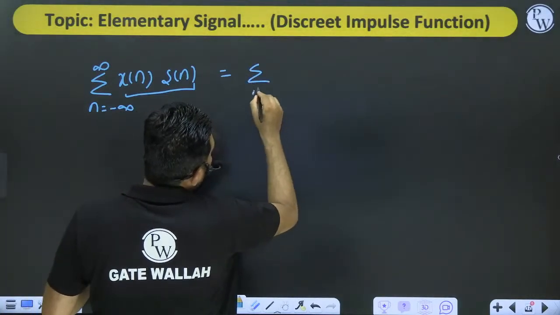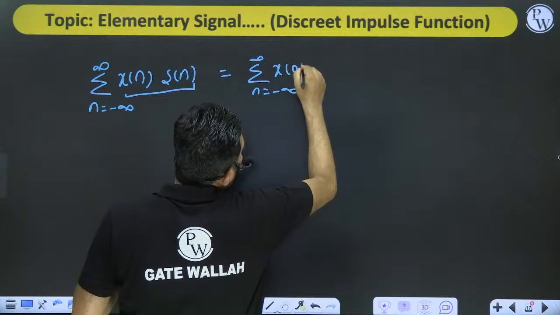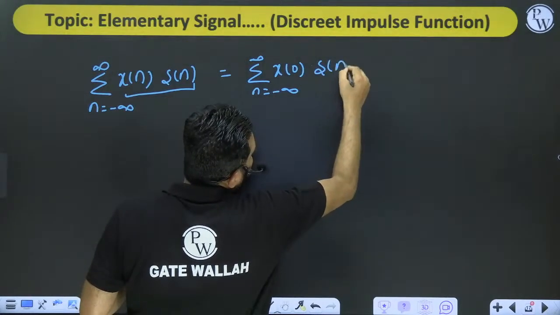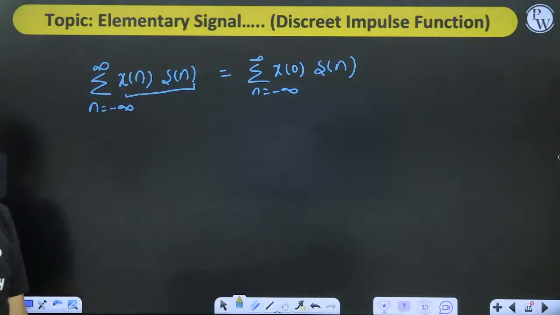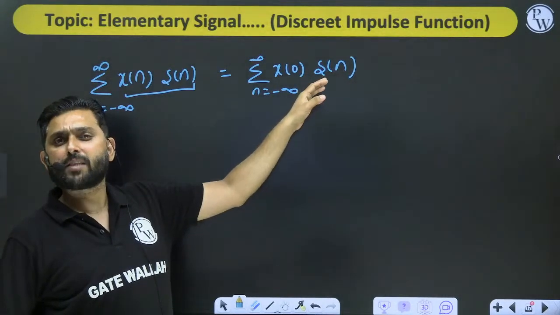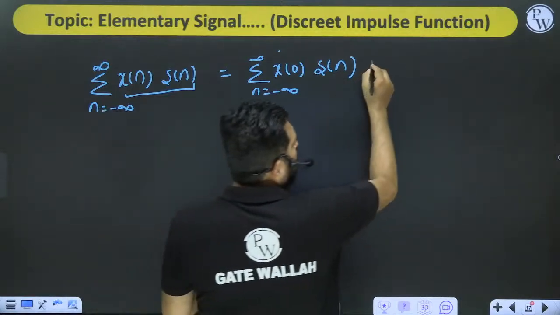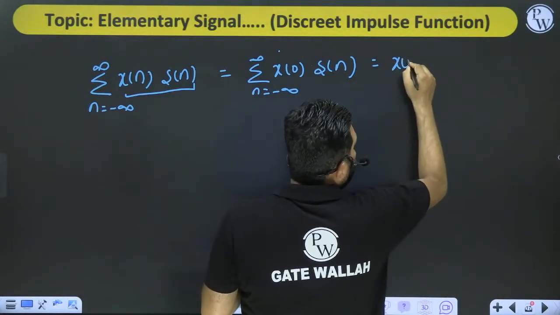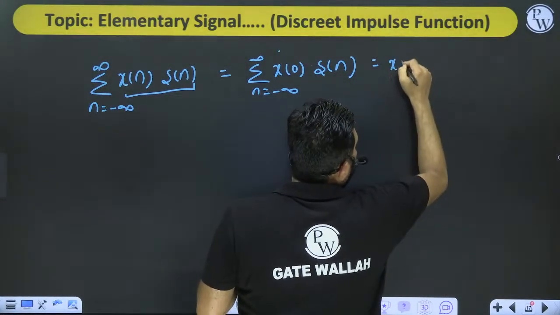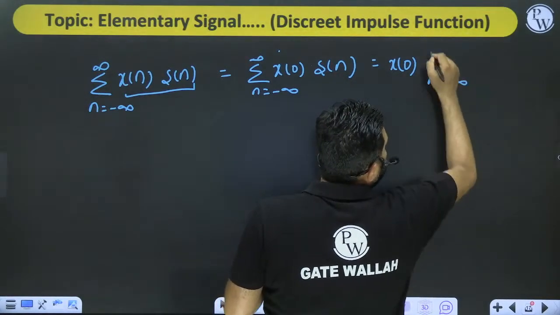This is equal to summation n equal to minus infinity to infinity of x0 into delta n. Yes or no? x0 is a number, so it is outside. You will get x0 times summation n equal to minus infinity to infinity of delta n.